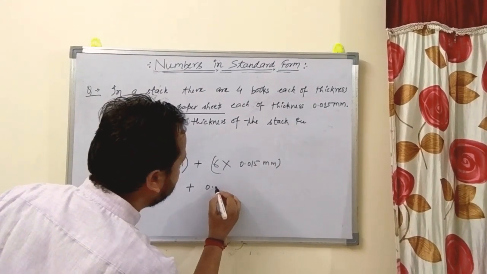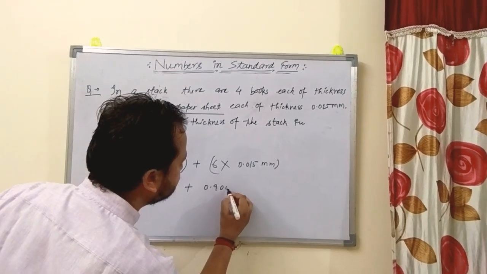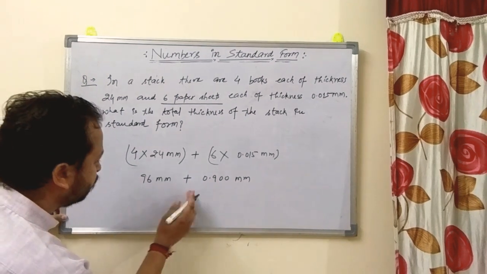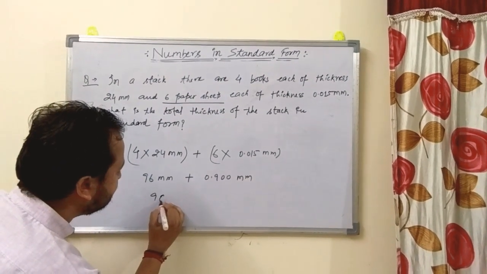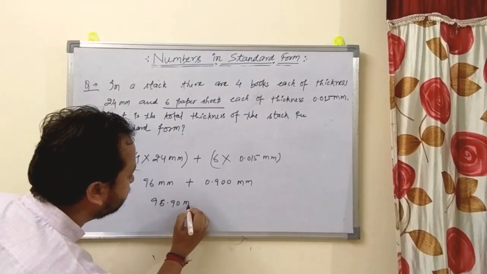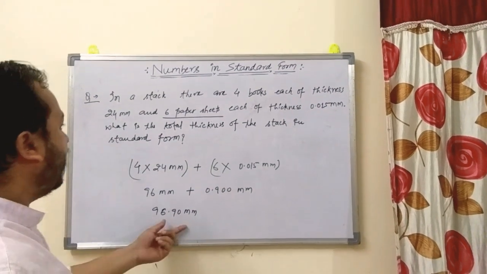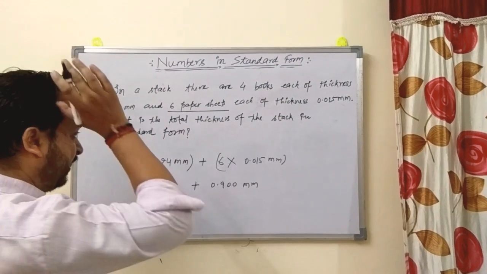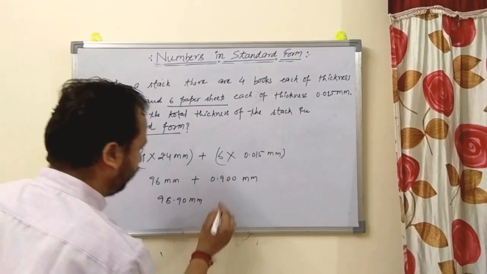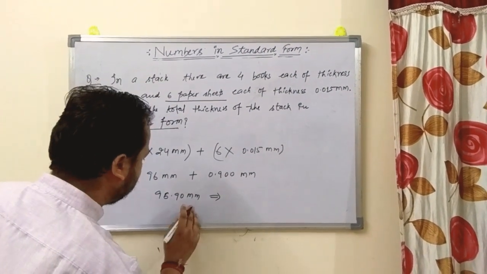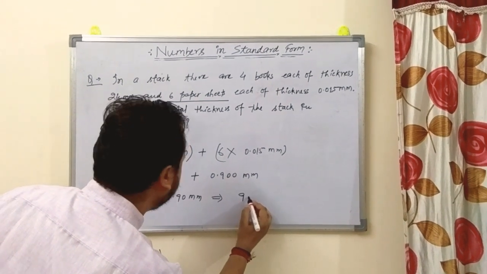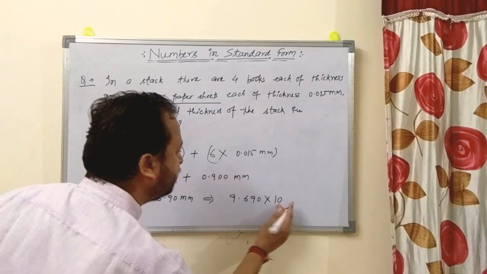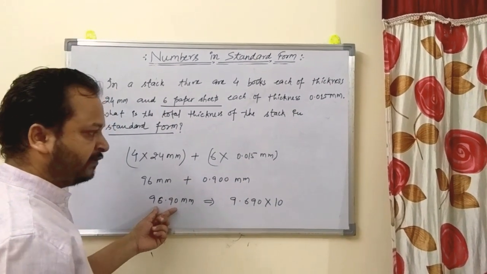So 0.900 millimeter. So add this, that is 96.90 millimeter, right? And you have to tell the thickness of stack in standard form. So convert it into standard form, that is 9.690 multiplied by 10, right?